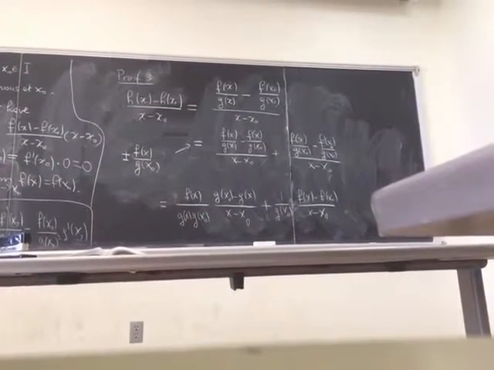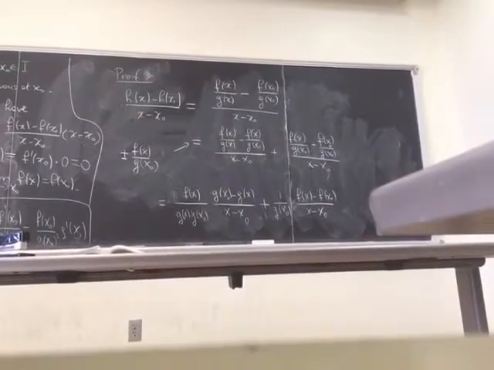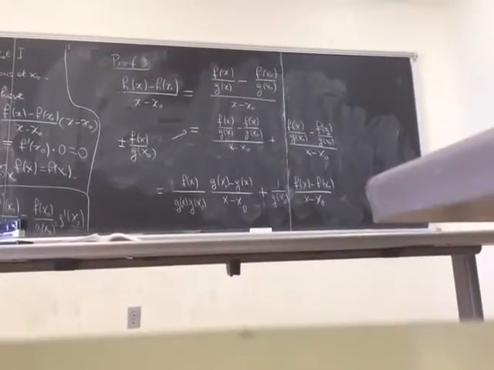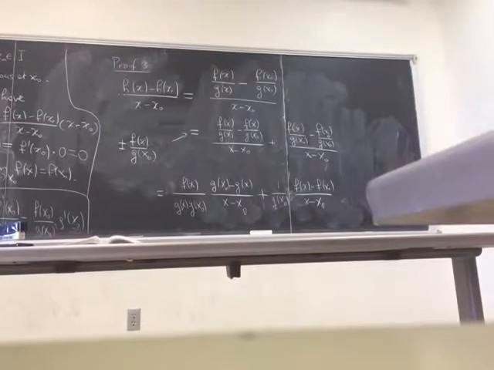So the second term is just 1 over g of x naught times the incremental ratio.